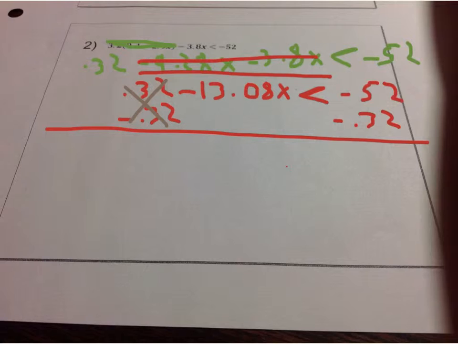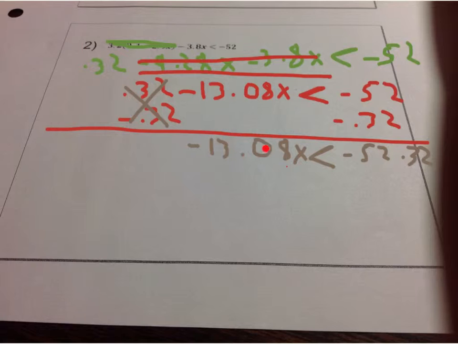And you're left with, on this side, negative 13.08x is less than whatever negative 52 minus 0.32 is. Since they're both negatives again, you're going to add them up. So you're going to end up with negative 52.32.